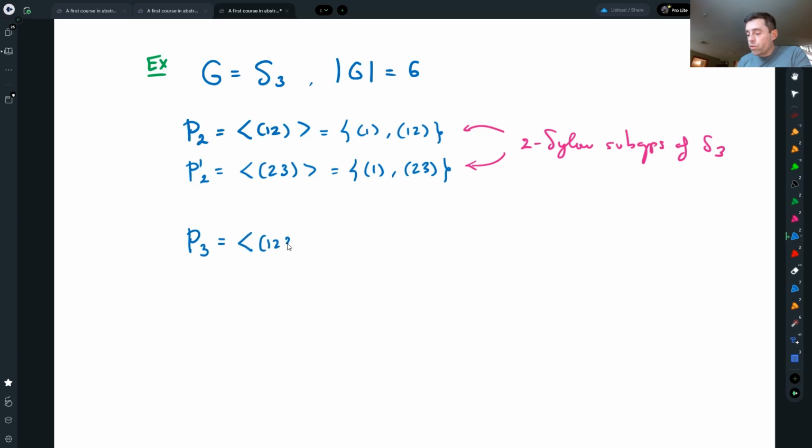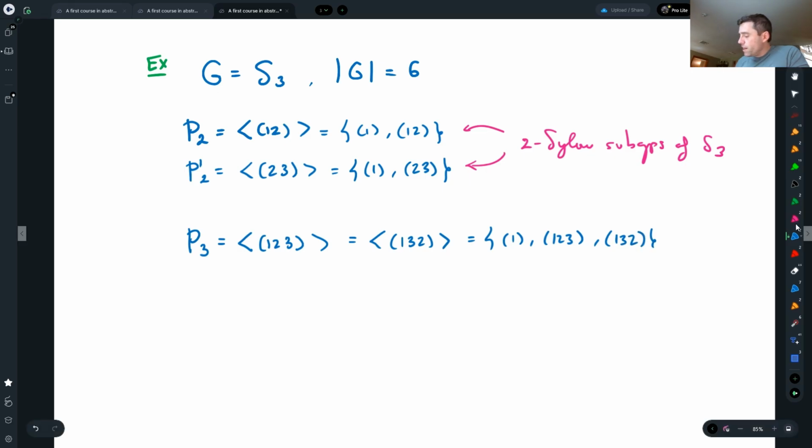So (1 2 3) is one such thing. The one generated by (1 3 2) is exactly the same subgroup, since (1 3 2) and (1 2 3) generate the same subgroup with the identity. So this is a 3-Sylow subgroup, but now that is unique. While we have several 2-Sylows, we only have one 3-Sylow.